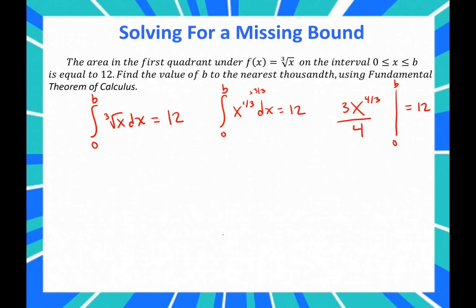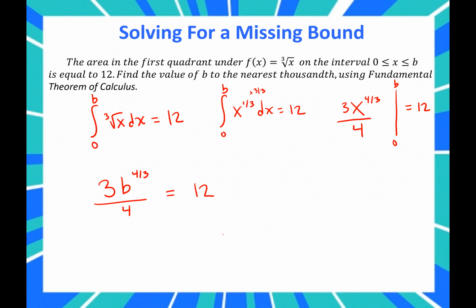So now plugging in b, I'm going to get 3b to the 4/3 over 4. And then I'm going to subtract, plugging in 0 now. Well, that's nice. That just gives you -0. So I don't even have to write that. That's going to be equal to 12.